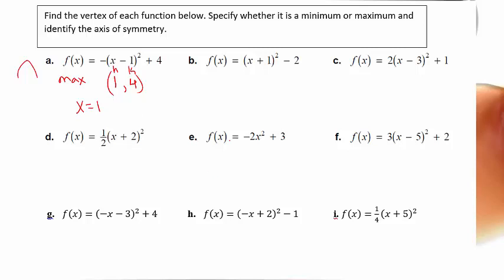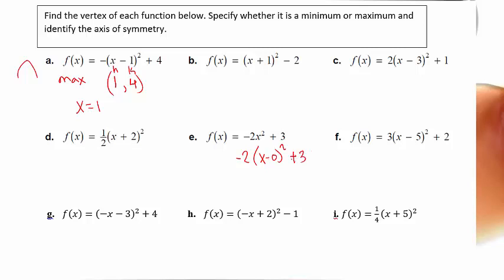Jump down here to letter E. It looks a little different because it's not in vertex form. But that's okay. We could turn it into that. We could separate negative 2, and we could change x to x minus 0 if we want. So I have not changed the problem. This is still x squared times negative 2, which is what I have here.